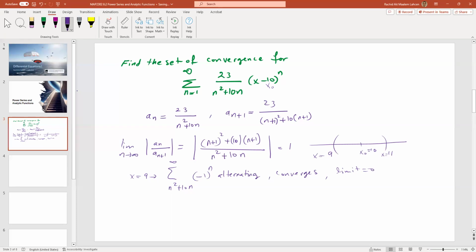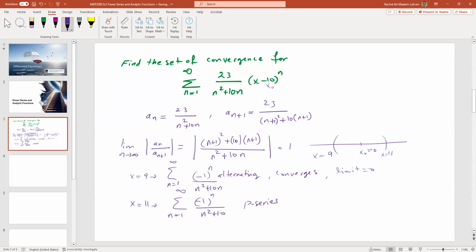So let's check the upper bound there. I wrote this below here. And if you remember from calc, this is the p-series.